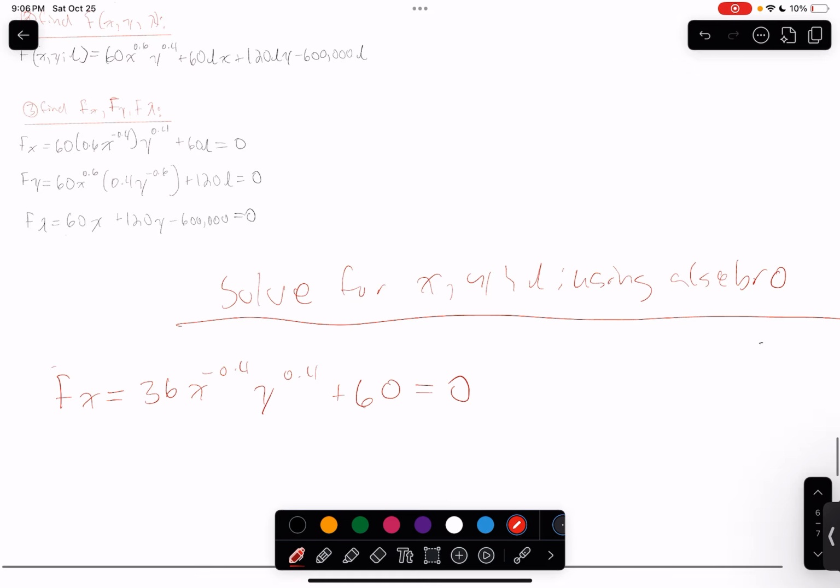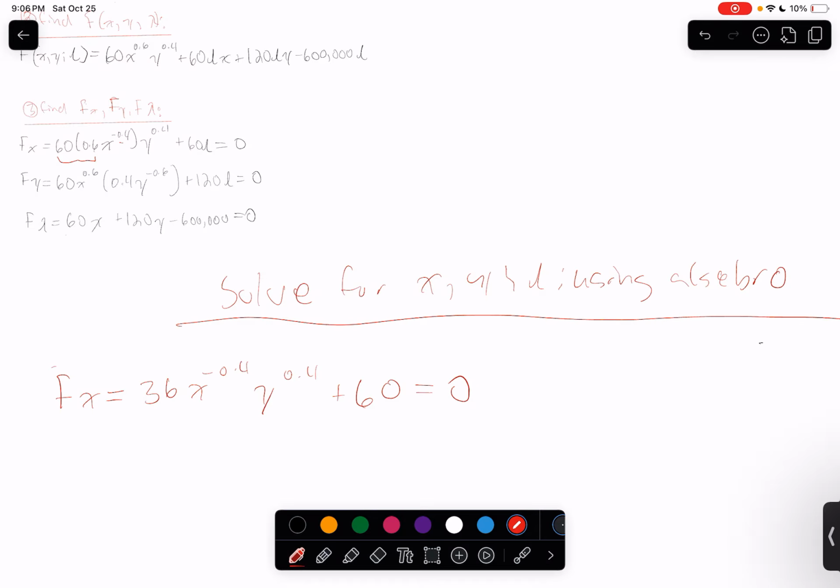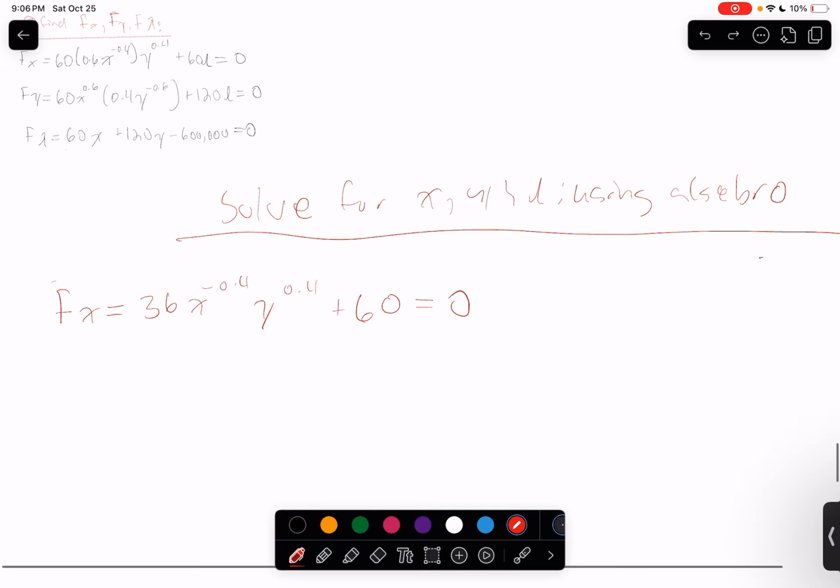And the reason why we have 36 here is because when we multiplied 60 times 0.6, when we used our power function to find our partial derivative here, that's the value that the calculator is going to give you. All right, just so you're not confused. And I'll keep this up so you guys can kind of see what I'm going by.